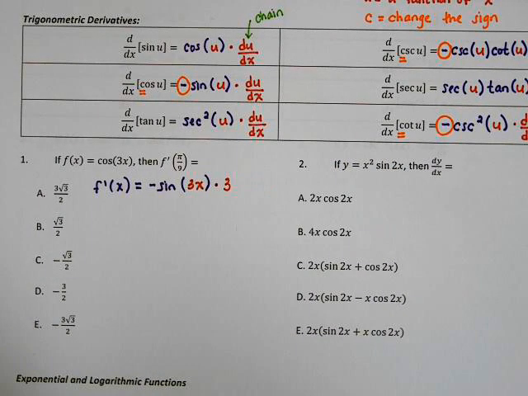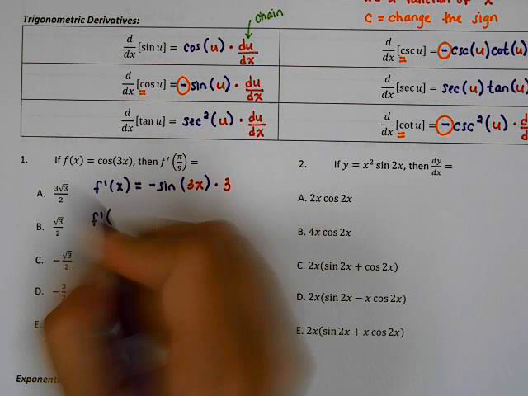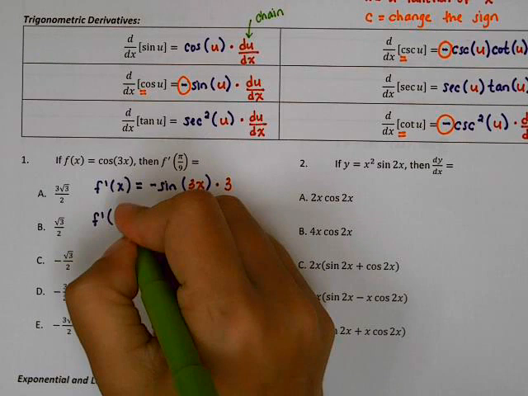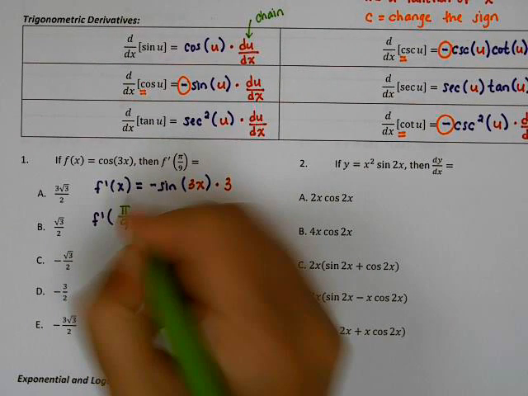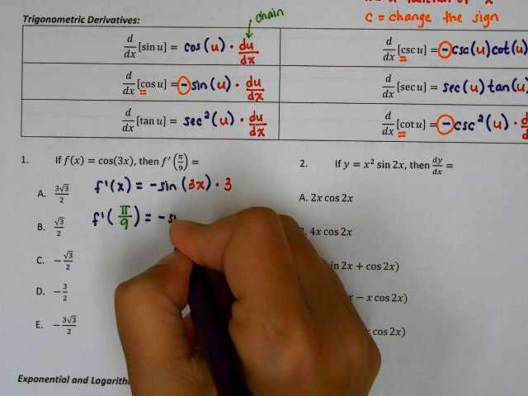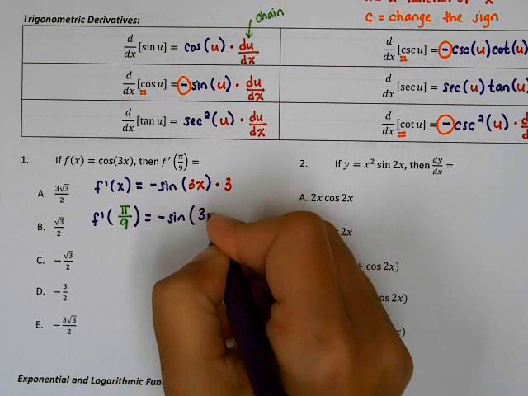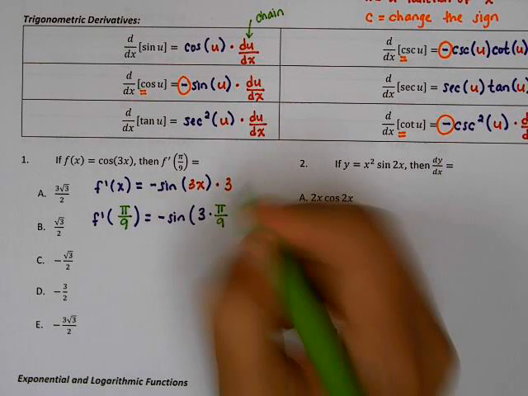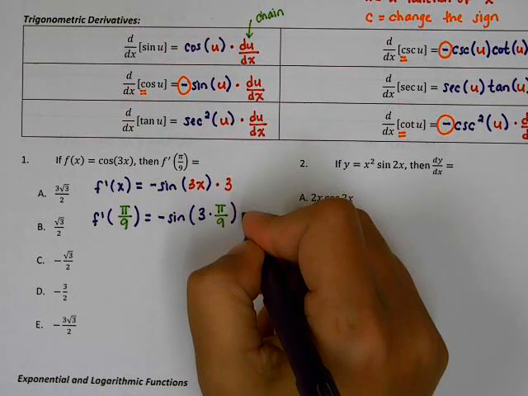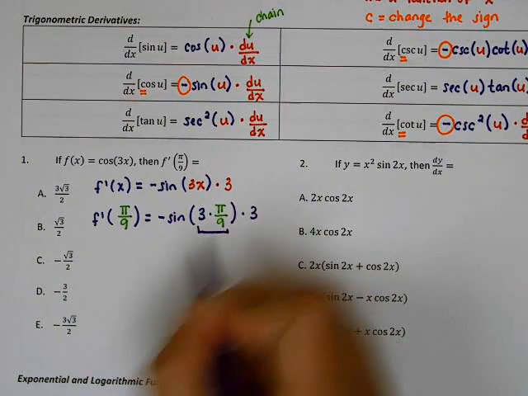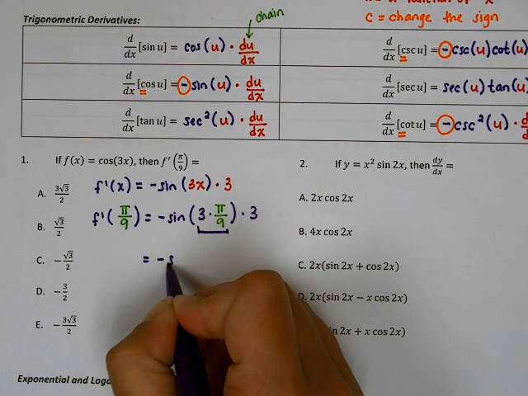Now if I wanted to find f prime of pi over 9, what I would do is take the pi over 9 and plug it into this equation that I've just created instead of x. Now 3 times pi over 9 would just be pi over 3.